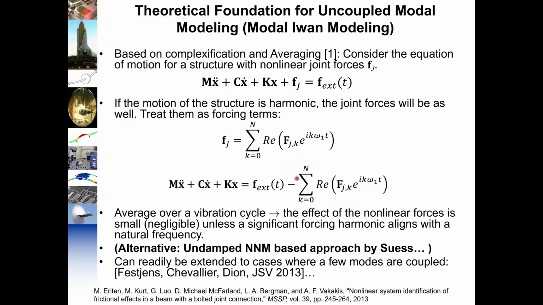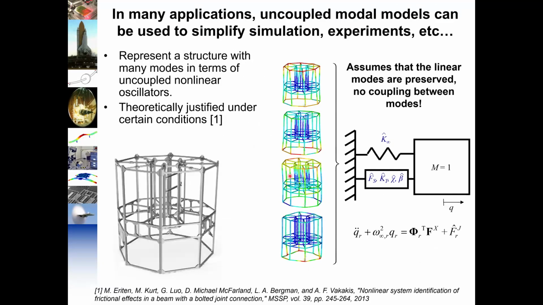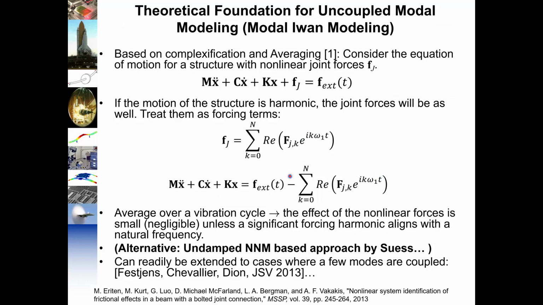And the reason for that comes from harmonic balance, and I won't go through the details, but basically, if we have an equation of motion, we have some nonlinear forces due to the joints. And say we're vibrating harmonically so that we write the joint forces as a Fourier series, right? If the vibration of the structure is harmonic and the joint forces depend on the displacements, they will also be harmonic.